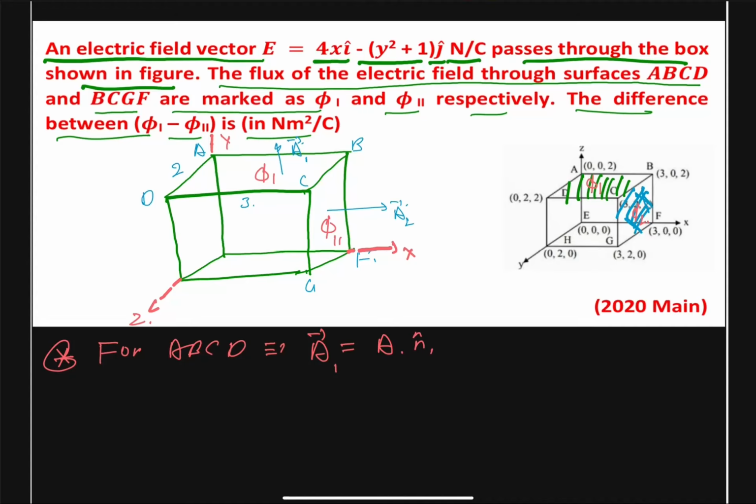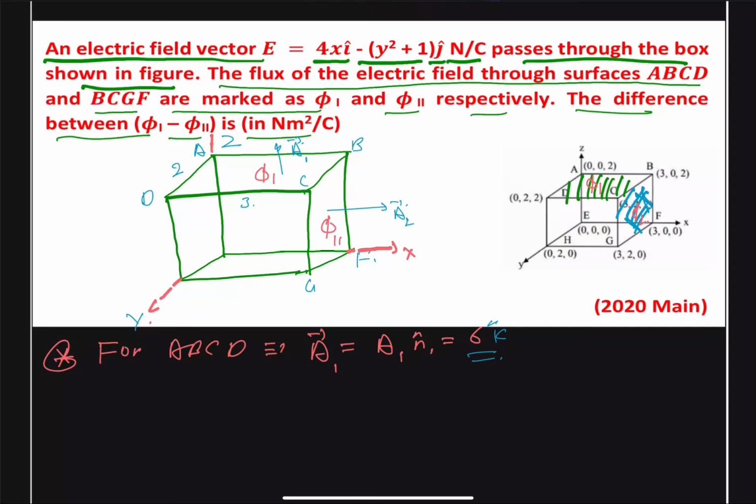So A1 will be equal to 6 and our n unit vector is along the z axis, so this comes as our k unit vector. So this is our area A1.